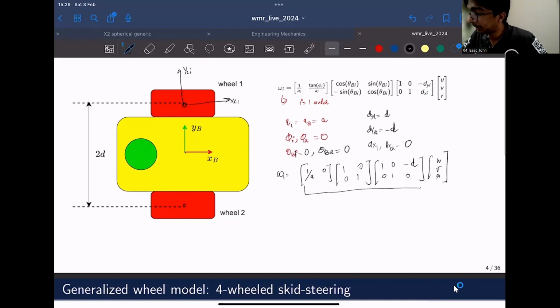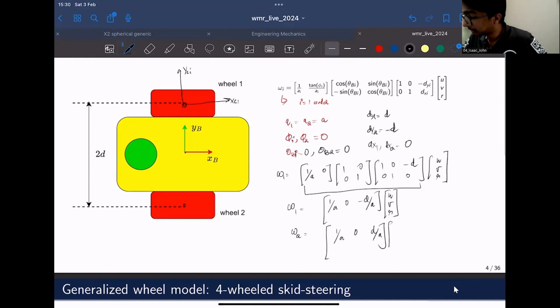This entire thing can be clubbed together and written as 1 by a, [0, 1, minus d] times [u, v, r]. This is omega 1. And similarly, omega 2 can be written as 1 by a, [0, 1, d] times [u, v, r].